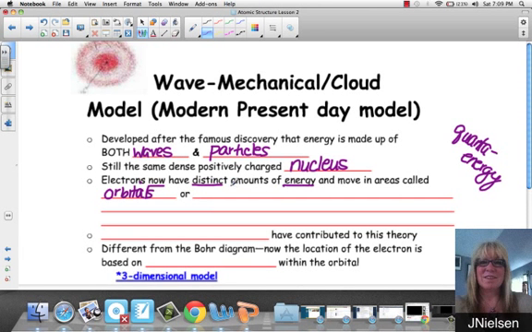Another way that we can say this is regions around the nucleus where electrons are most likely to be found.